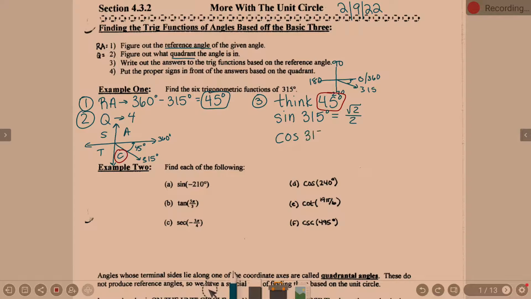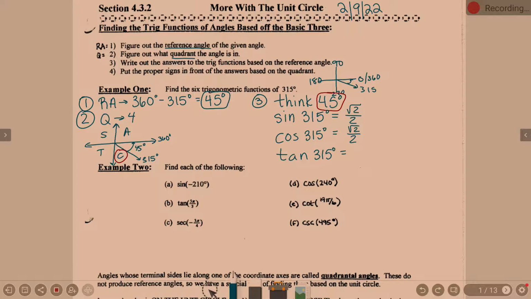Now, I'm going to ask you another question. What is the cosine of 315 degrees? Or what your brain needs to think is, what is the cosine of the reference angle, 45 degrees? It's the same, square root of 2 over 2, yes? What is the tangent of 315 degrees, but what is the tangent of the reference angle?